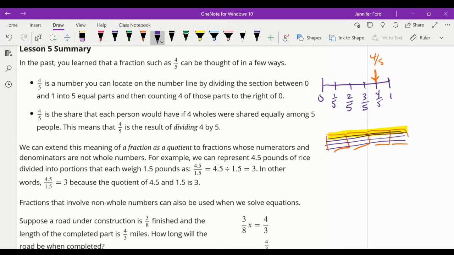Each person would get 1/5, 2/5, 3/5, 4/5. 4 divided by 5. 4/5, 4 divided by 5, same thing. Okay.